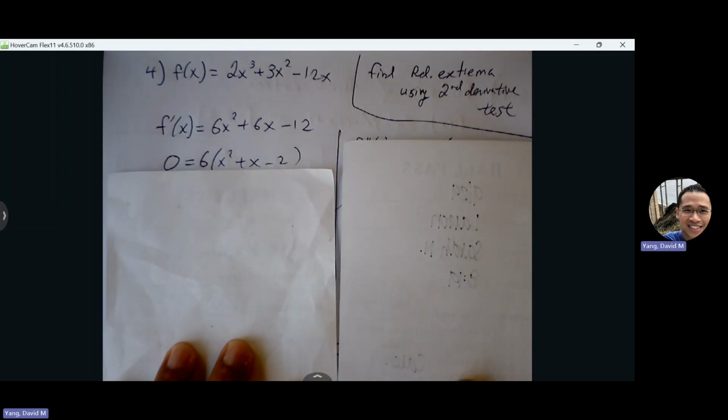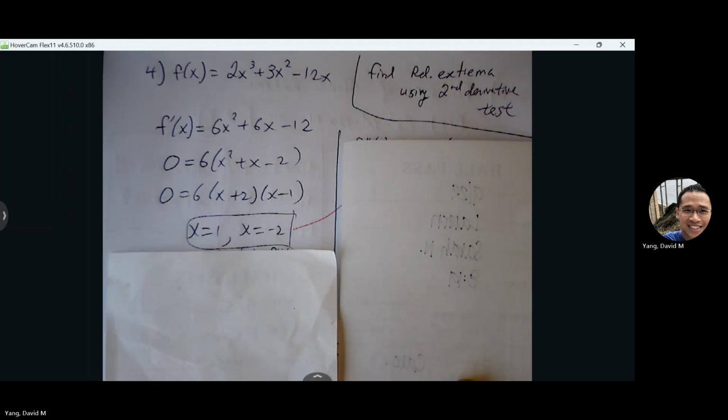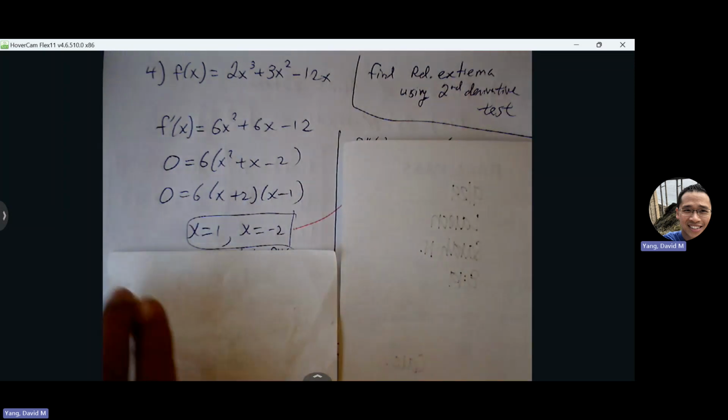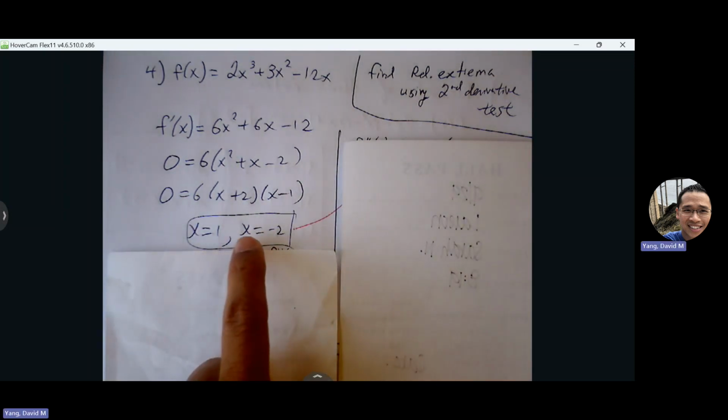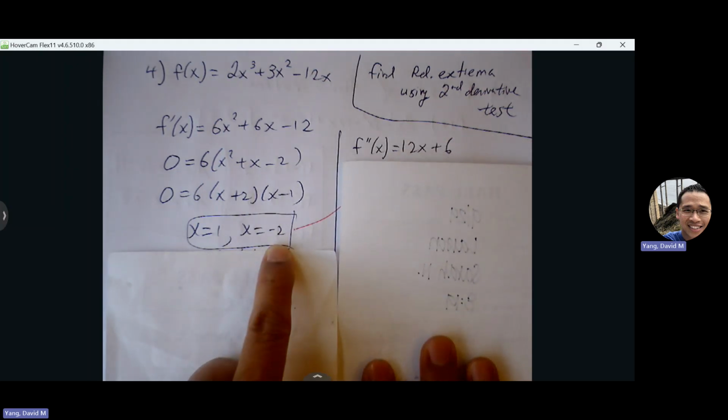Okay, so f prime, find your critical points. So these are your candidates. If we wanted to go through a first derivative test, you would just create your sign lines, but we're not going to do the sign line. We're going to find the second derivative function and plug these values into the second derivative function.